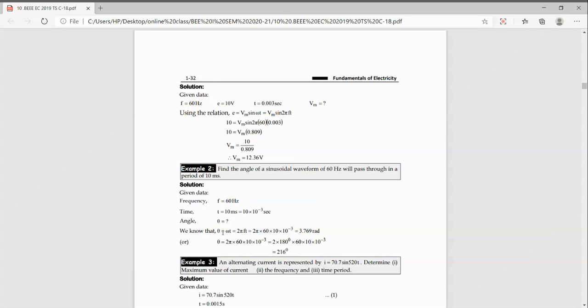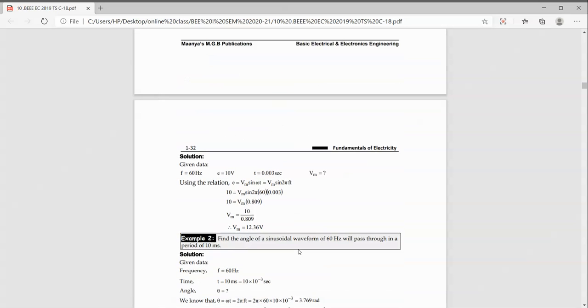We know that angle theta is equal to omega t, which is 2 pi f t, which is 2 pi into 60 into 10 into 10 to the power of minus 3, which is equal to 3.768 radians. This theta is measured in radians, and if we want to convert it into degrees, we multiply by 180 by pi.